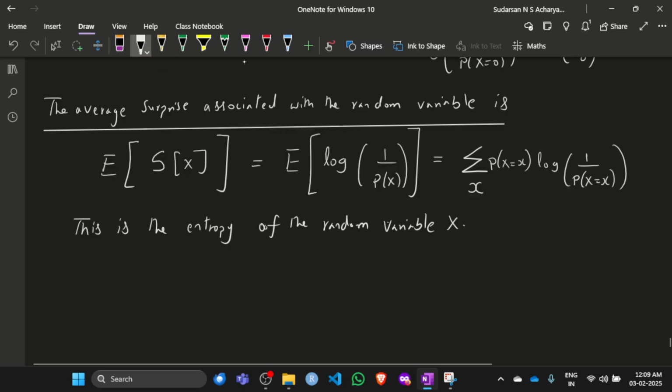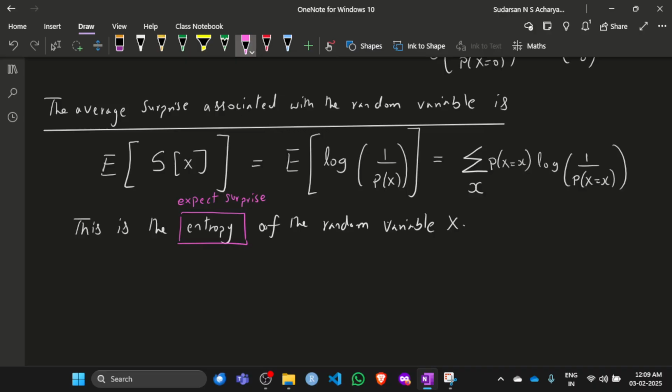So I think you should clearly see now, if you're talking about entropy, what we are talking about is how much surprise can I expect if I were to realize that random variable, right? So what is the expected surprise if I were to realize that random variable? That is called the entropy associated with the random variable. It is a number. The bigger this number, the bigger your surprise when the random variable takes a value and it is presented to you, right?